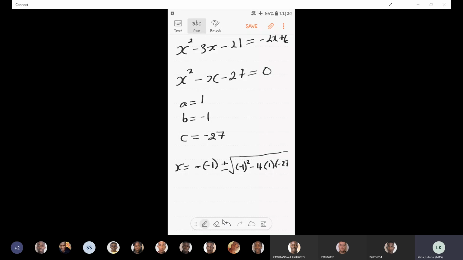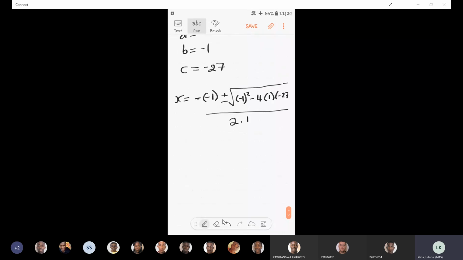Then you go ahead and close your bracket. Then divide this by 2 times a. So negative of negative 1, this is just positive 1. Then plus or minus, work out what you have under the square root.